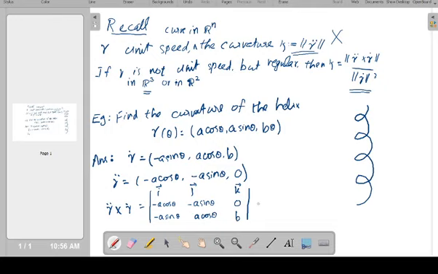So when you evaluate this determinant, what you are going to get is minus ab sin theta vector i plus ab cos theta vector j minus a square k.